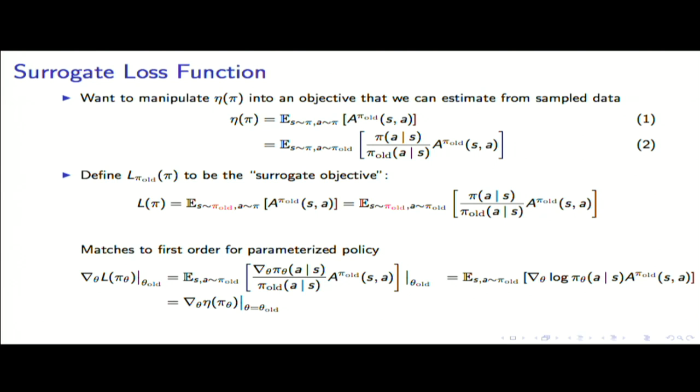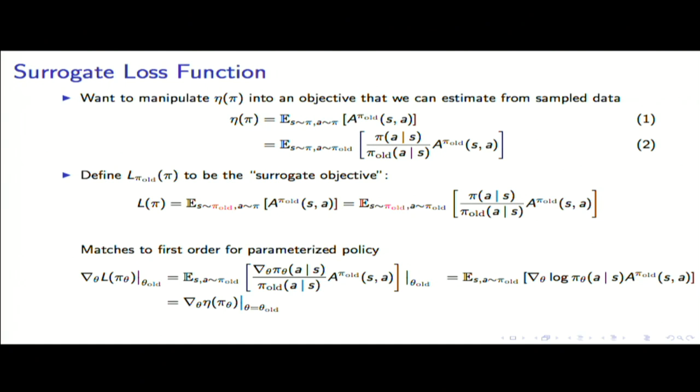Because we want to optimize eta of pi, but since pi appears in the expectation, we don't have a good route to estimate this expectation at a new value. So we can't do that. So that's why we have to form this approximation L, where all the expectations are taken with respect to the old policy. OK, so what do we do here? We have this expectation over s sampled from pi, which we don't like. So we just sample the states from pi old instead. So we just get rid of the term we don't like in the expectation.